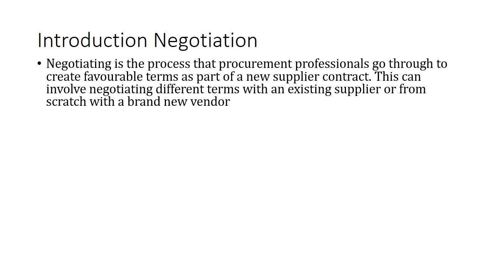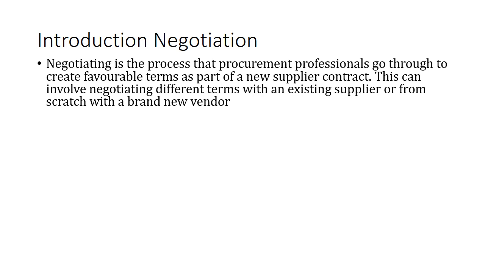Now I'm going to give a short description about the introduction of negotiation. Negotiation is basically the process which procurement professionals go through to create favorable terms as part of a new supplier contract. This can involve negotiating different terms with an existing supplier or from scratch with a brand new vendor.